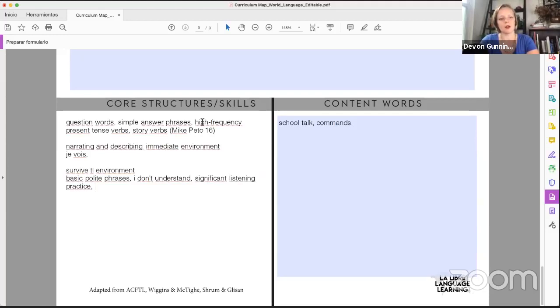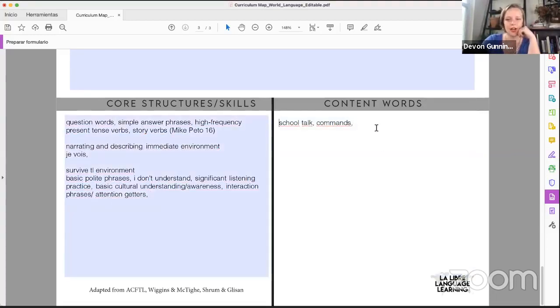Surviving in the TL environment also means that they're going to need some very basic cultural understanding and awareness of some differences. Interaction phrases and attention getters, like excuse me, where is, how can I find. This is how I think about curriculum. And this is how a lot of textbook creators also think about curriculum too.